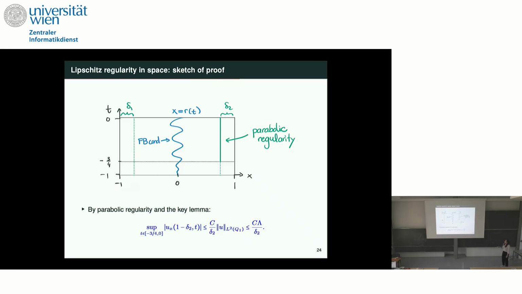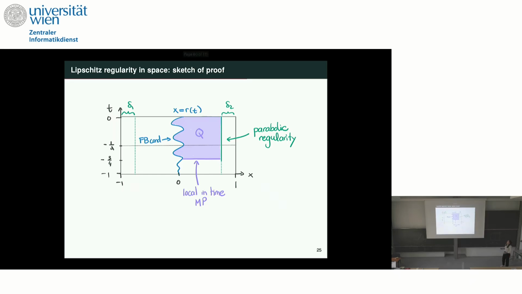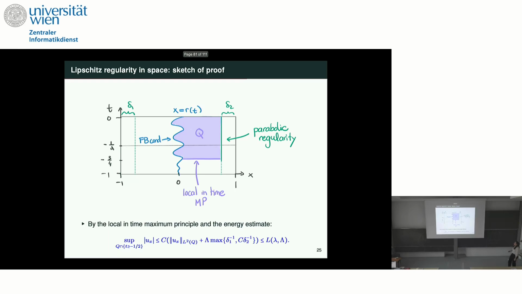Okay, so last, what's going on over here? Well, maybe we don't have that u_x is bounded here, but it will be in the future. So we know that u_x, by the energy estimate, is in L2 here, and we have a uniform bound. So the local in-time maximum principle tells us that, well, if you know it's in L2 here, it's bounded universally, and we also know that over here and over here we have the universal bound.